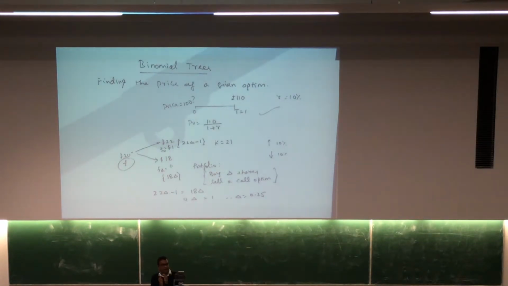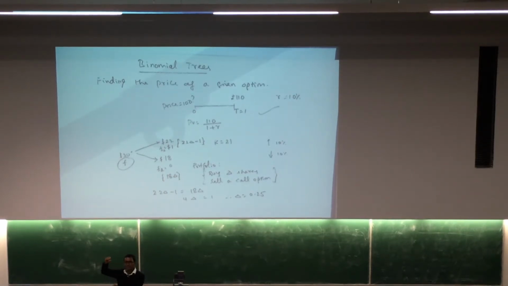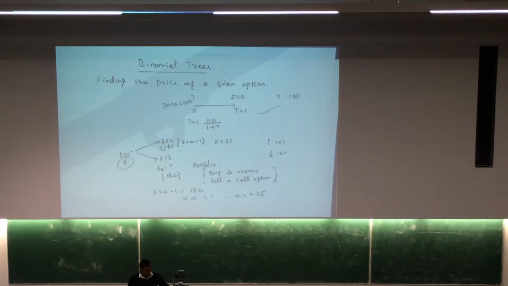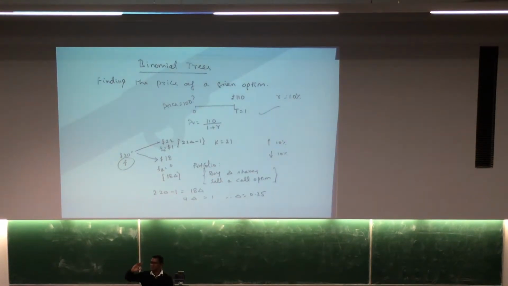I am trying to find the number of stocks I am supposed to hold in my portfolio in such a way that whatever happens to the underlying stock, the value of the portfolio is going to be the same. Did you understand? The value of the portfolio would be the same if I hold 0.25 stocks. Agreed?